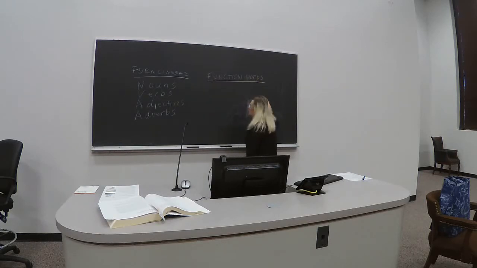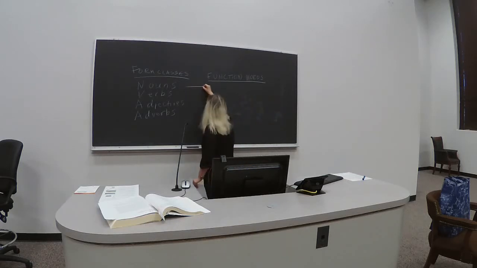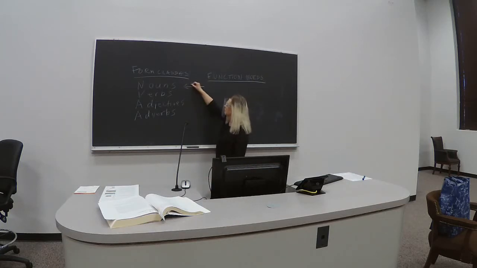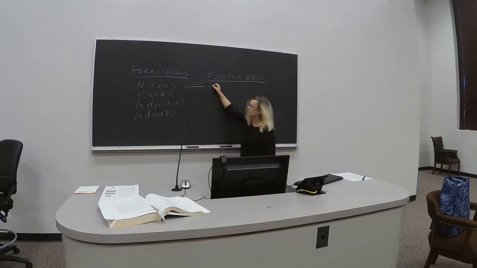These are the grammatical words that allow us to identify that, hey, this word is a noun, it's a verb, it's something else. So what are the function words that signal nouns? Determiners. Yes, determiners.